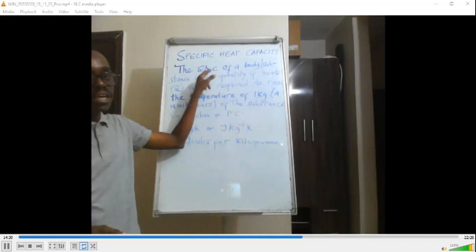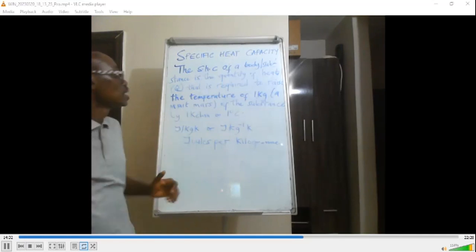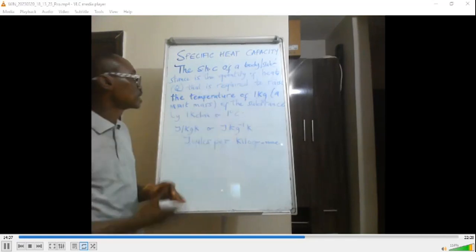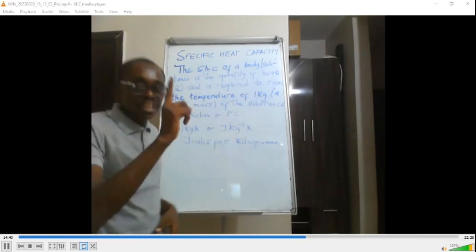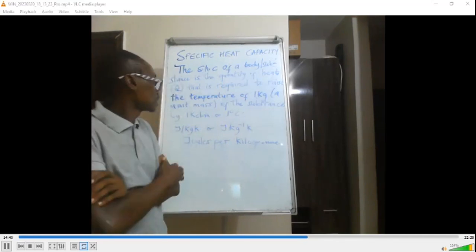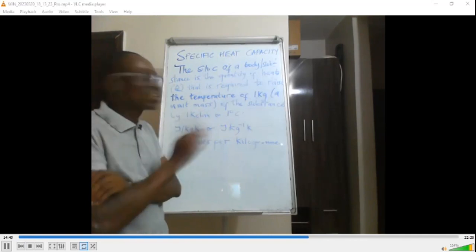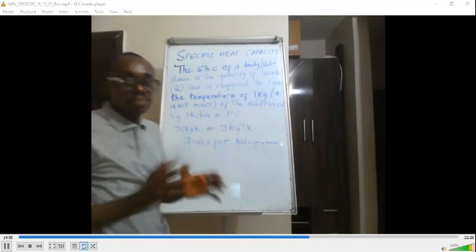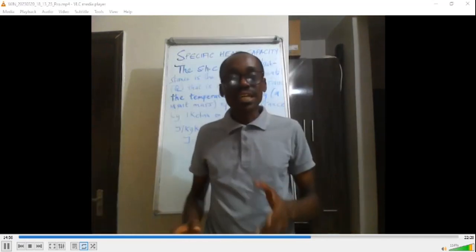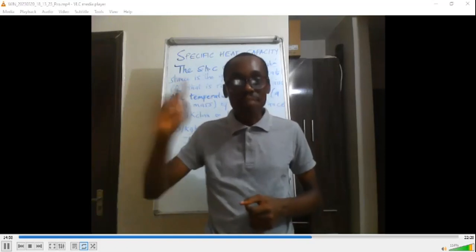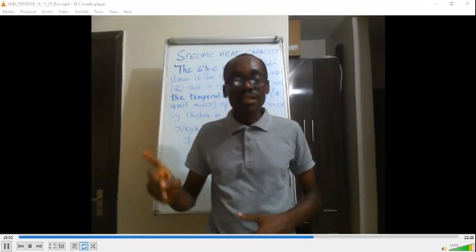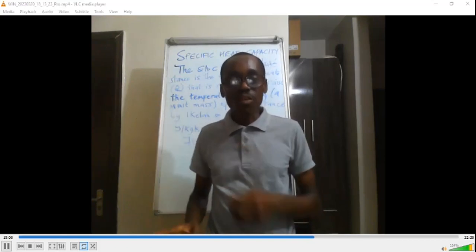The specific heat capacity of a body or a substance can be defined as the quantity of heat required to raise the temperature of 1 kilogram, or a unit mass, of that substance by 1 Kelvin or 1 degree Celsius.